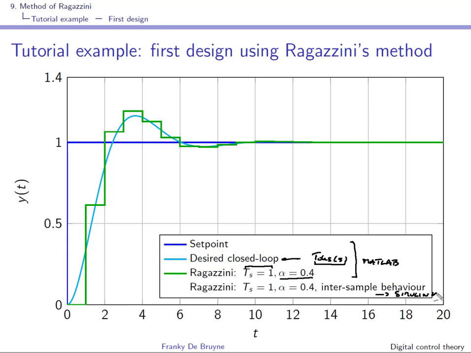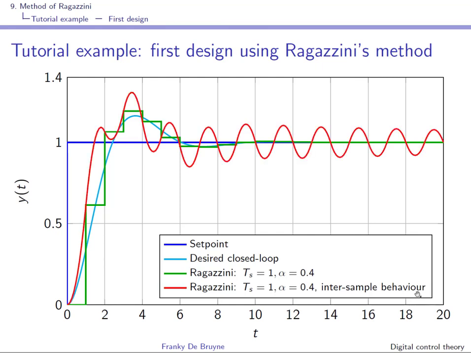So what we can do is have a look at the intersample behavior, and this is what you see. You can see here that there is a hidden oscillation, and this is why you should always check intersample behavior. And this is why, preferably, when you have a digital controller, you should test it in Simulink.